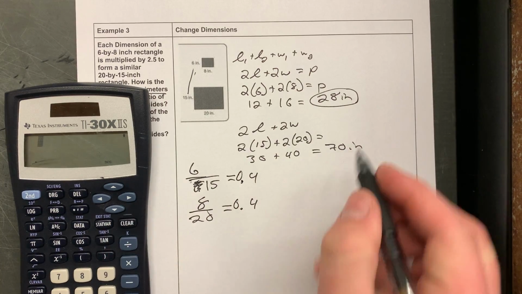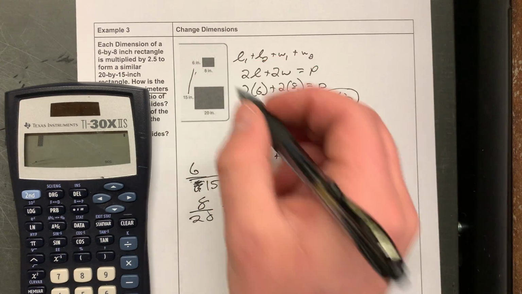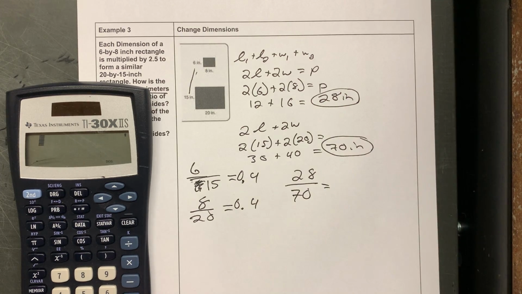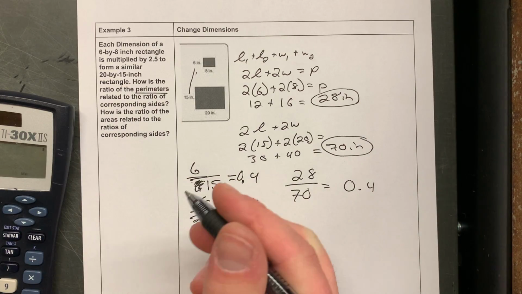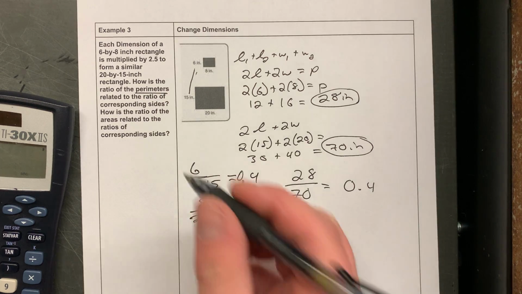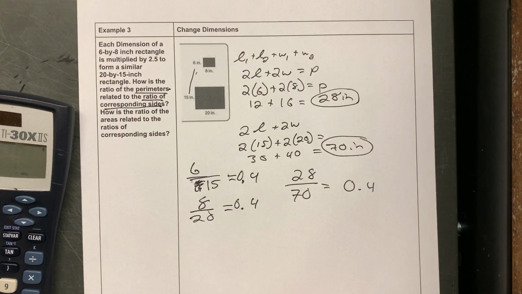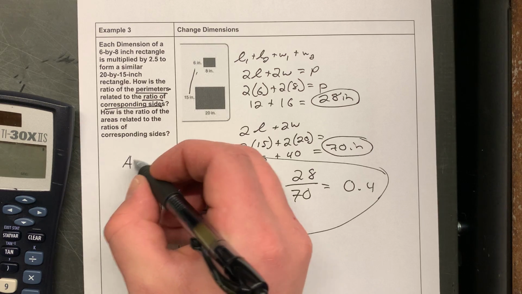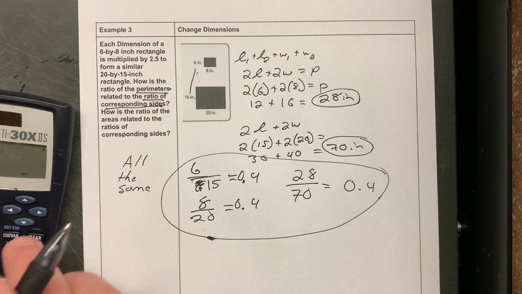Now what I need to do is see if this ratio between the perimeter of my smaller rectangle and my larger rectangle are the same. So I'm going to do 28 divided by 70, seeing if the ratio is the same. It is the same. So I know that the perimeters are related to the ratio of the corresponding sides as they are the same. Perimeters and sides are all the same.